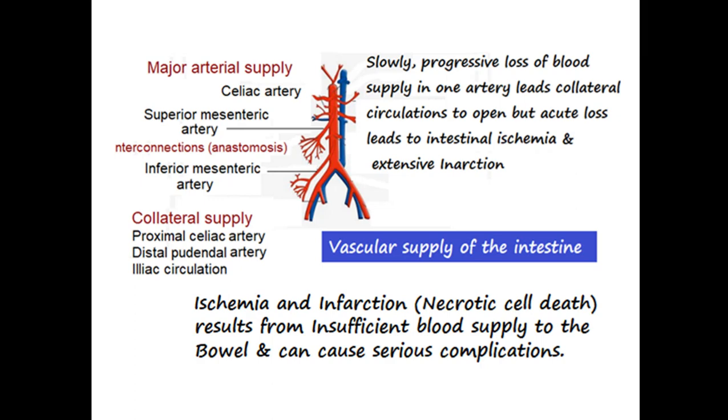We know that the intestines receive 25% of the blood of the cardiac output. We also know that the intestines have the very important functions of digestion, absorption, secretion, and propelling the food and feces towards the rectum for elimination from the body.